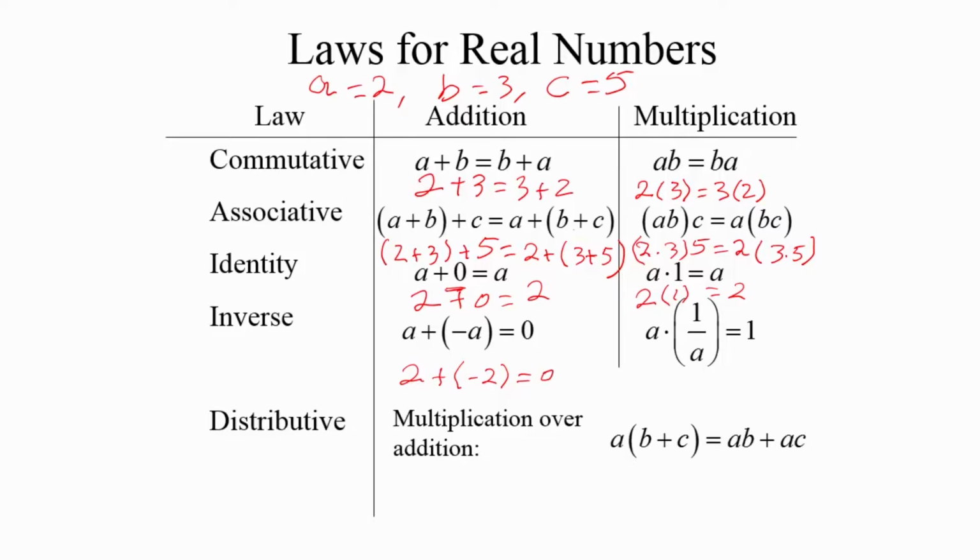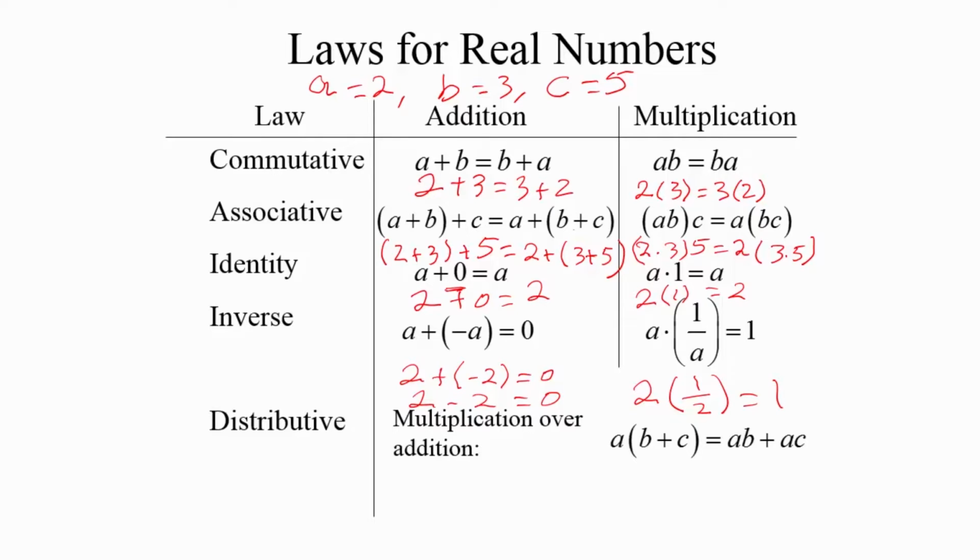Because that would be 2 minus 2, that would be equal to 0. In the form of multiplication, it says if you multiply a real number by its inverse, it is equal to 1. So 2 times 1/2 would be equal to 1. We know that is correct also.